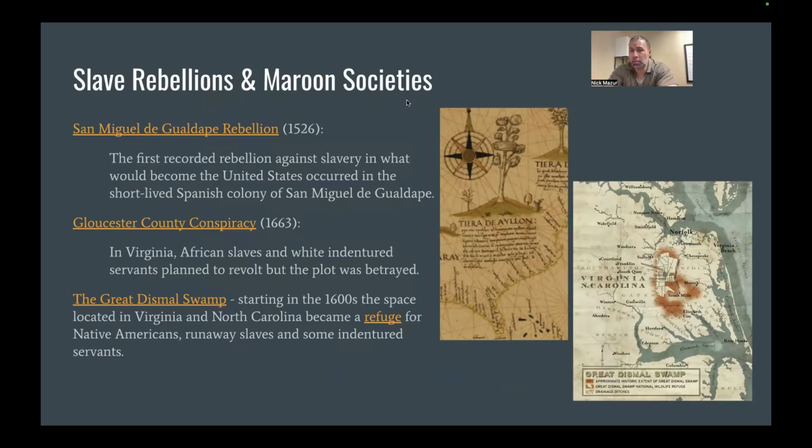Take a look at some of the maroon societies and the slave rebellions that were common in the colonies, especially in the 16th and 17th century. It is not just in the 18th and 19th centuries where we have slave revolts. There were revolts all the time. Africans were resisting all the time. This is not just, oh, we just grab slaves and bring them on a boat and nobody's going to give us any trouble. Constant rebellion.